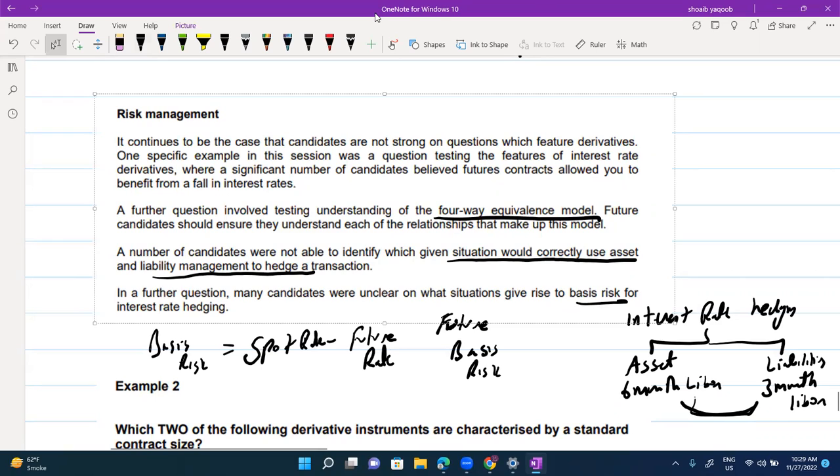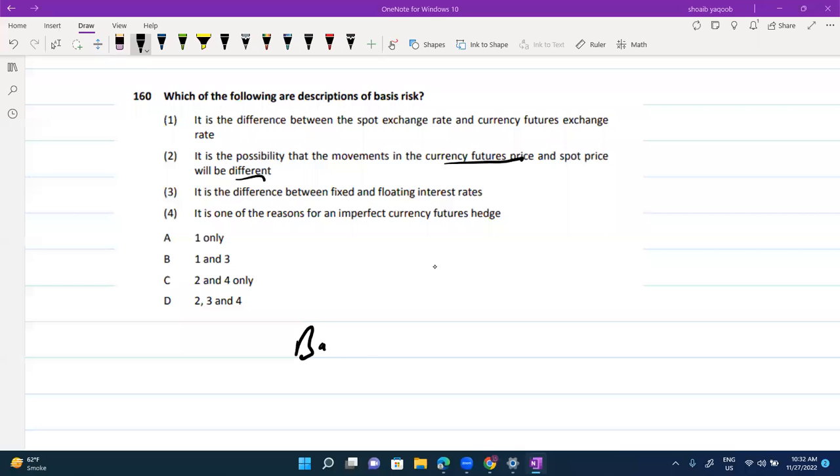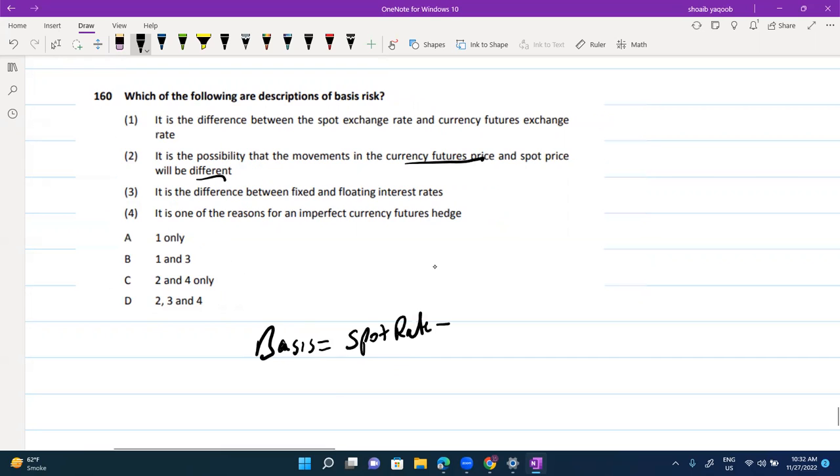Let me open the book. 160 MCQs. Basis is spot rate minus future rate.